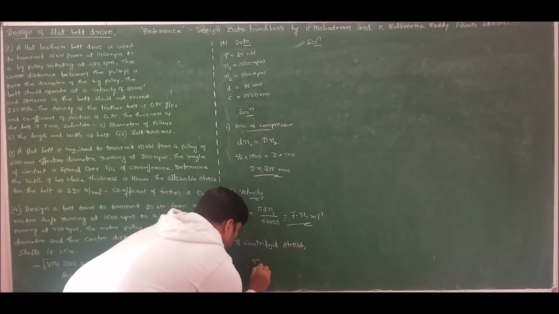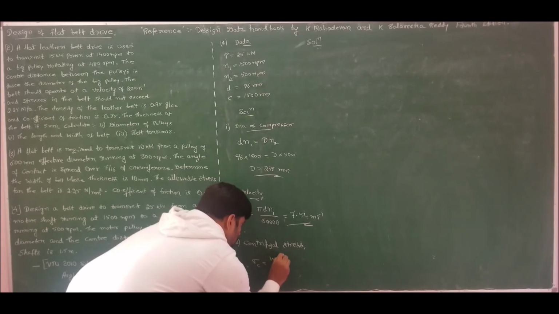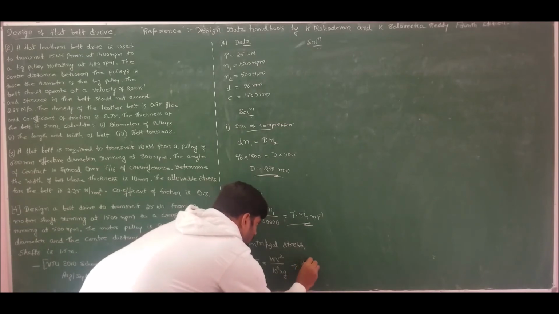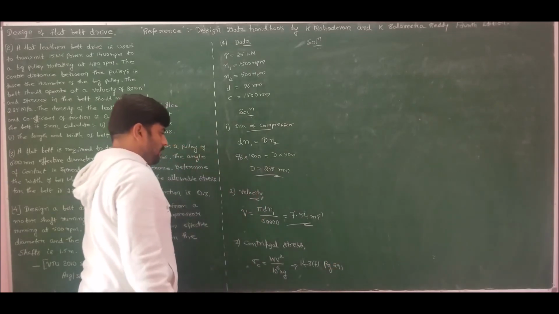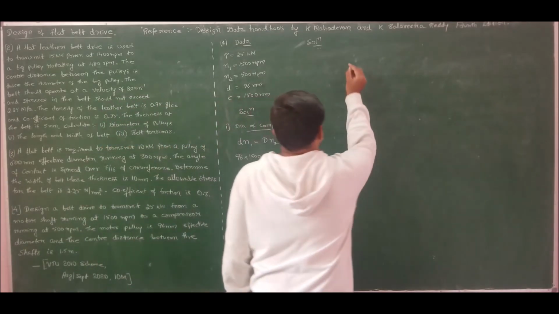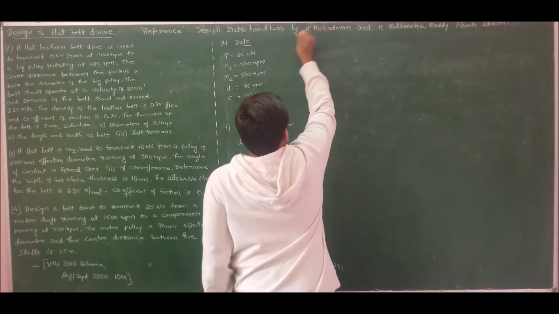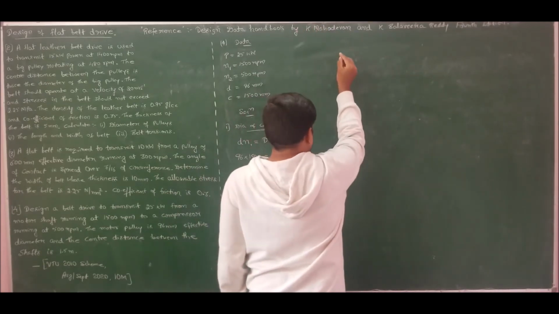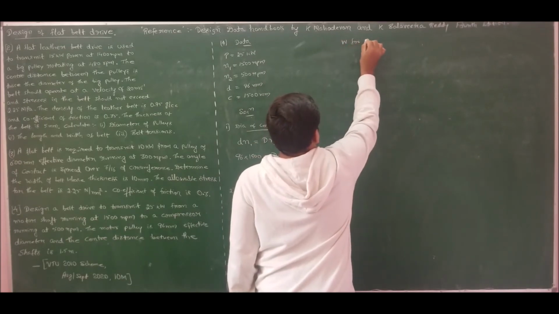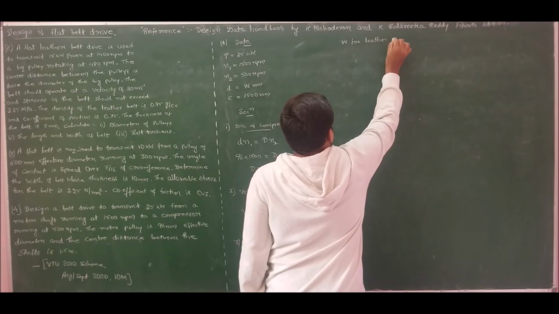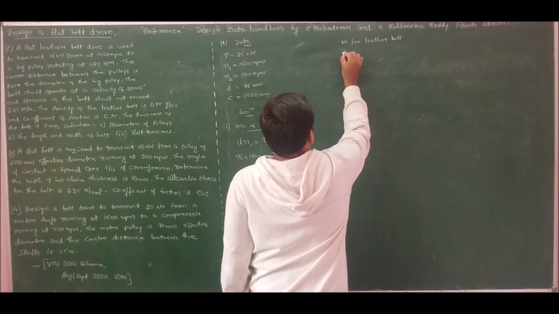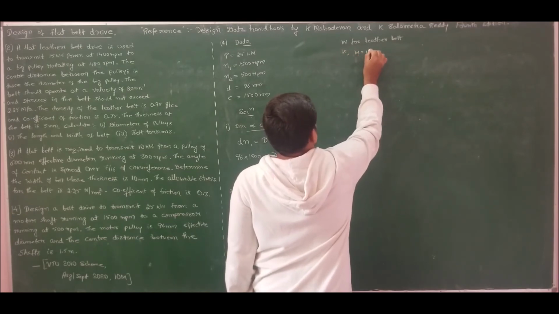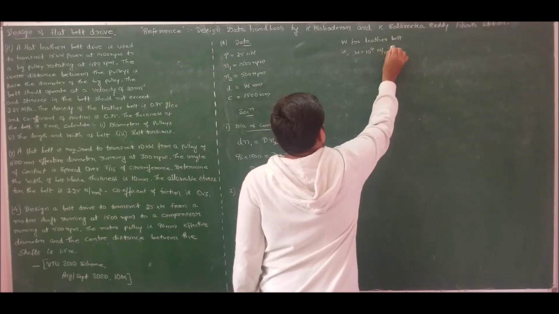We know that centrifugal stress is given by W v square by 10 to the power of 6 into g. This is equation 14.3 F, referring to page number 291, where W for flat belt. So we know that W for leather belt is 10 to the power of 4 Newton per meter cube.